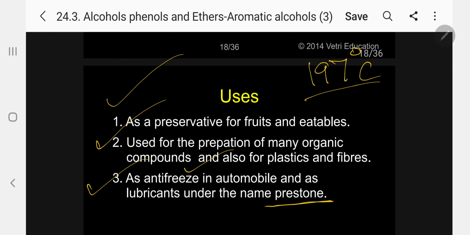So what will happen in foreign countries? During December, January, the temperature will come to minus degrees, 0 degree, and even go below. In that case, what will happen?